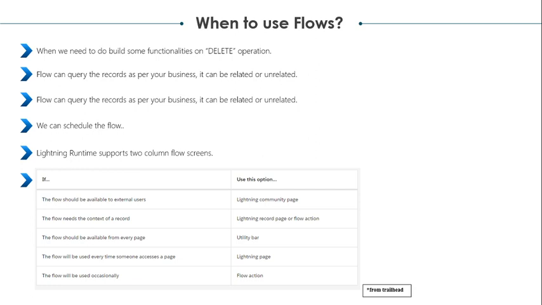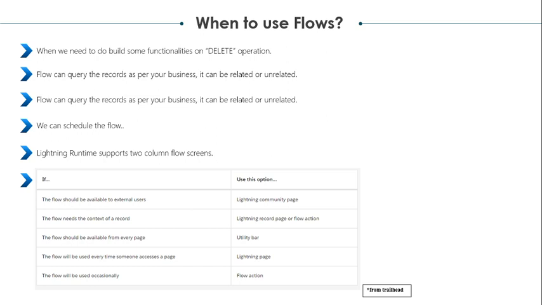If the flow should be available from every page, we can place the flow in the utility bar. Next, if the flow will be used every time someone accesses a page, we can use the Lightning page.